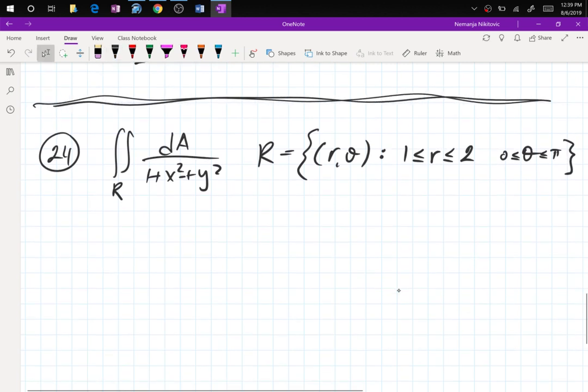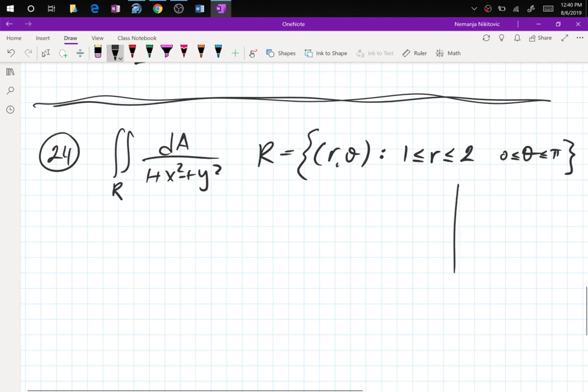Now, it is a big deal for you to know how to graph this domain in polar coordinates. If you need to do this, you can do just the top view, you don't have to do the side view or anything like that. If you realize that you have an annulus here, which means those concentric circles like that, but then over here you only have half of it, because it's 0 to pi, not 0 to 2 pi.